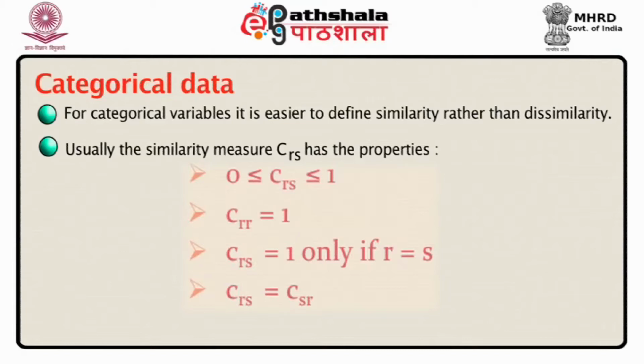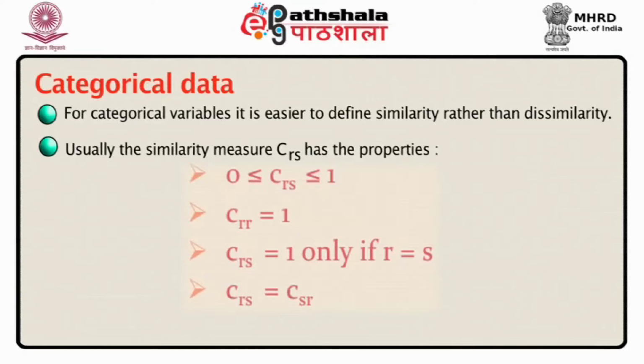Also, CRR, that is the similarity between an individual and his own self, should be equal to 1. Thirdly, CRS can only be equal to 1 if R is equal to S. That is, between two distinct individuals, CRS should not be equal to 1. And finally, CRS is equal to CSR.